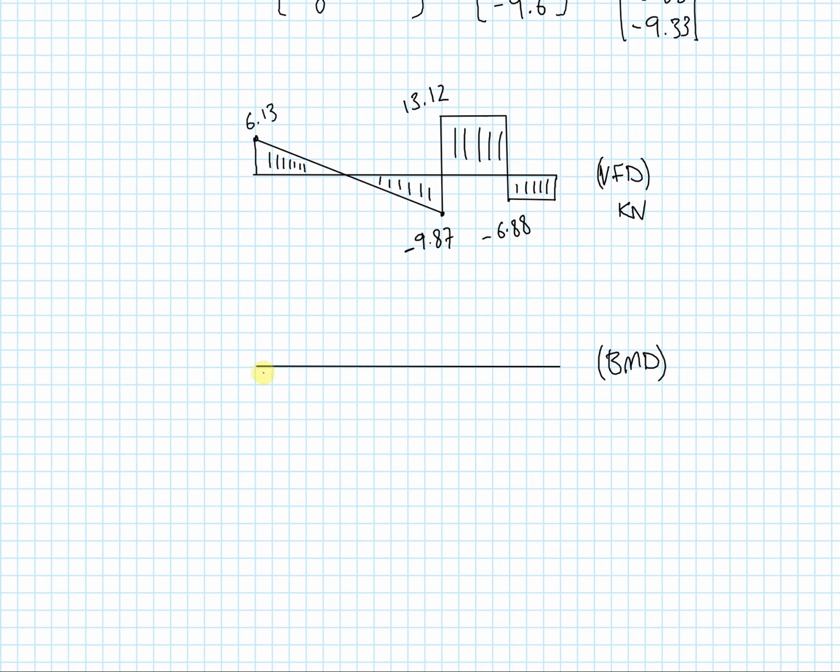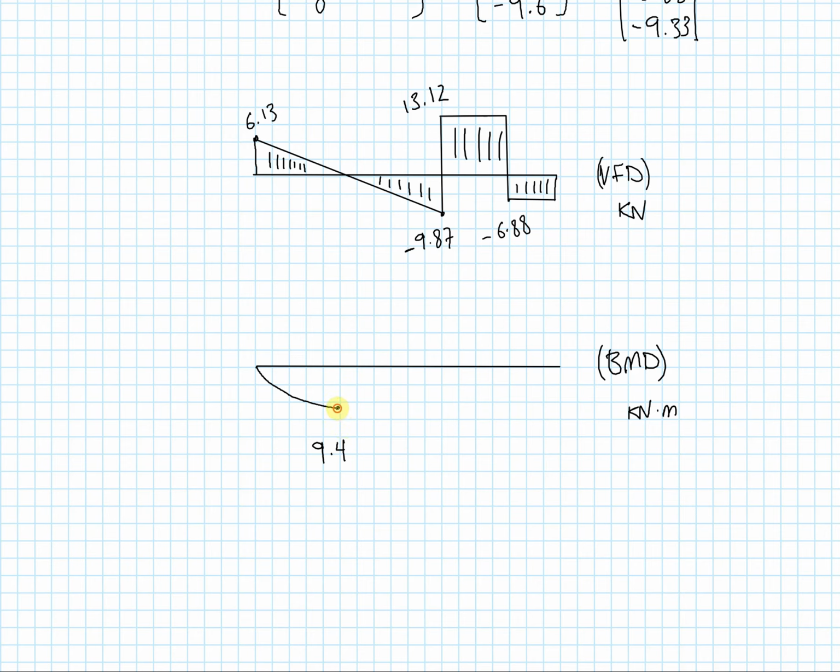And this time, with the bending moment diagram, I need to calculate the area of this triangle, and I should get a value of 9.4 down here, units being kilonewton meters. And now we're in the opposite direction. I need to find the area of this triangle.